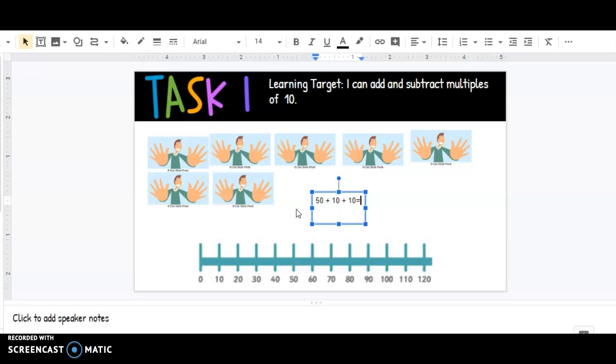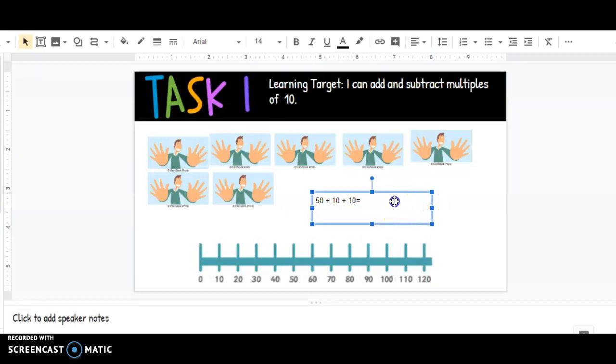Or another way I could say it, if I scoot over a little bit and make my box a little wider, is I could say 50 plus 20. That would also be accurate. Either way, I want you to tell me how many fingers there are in all.